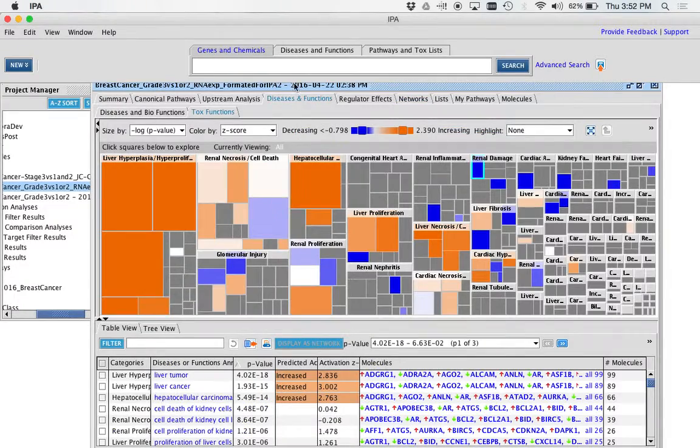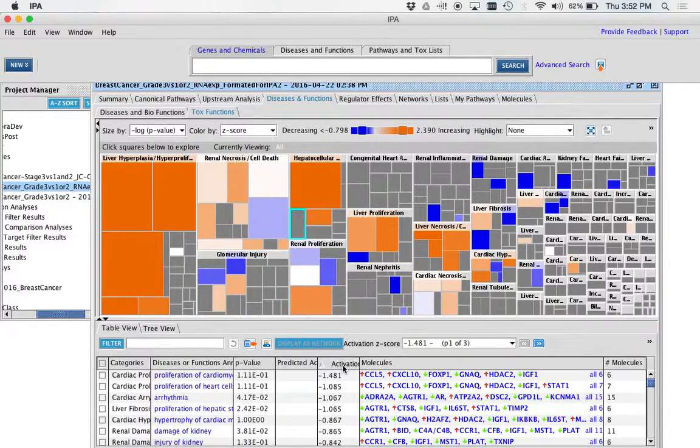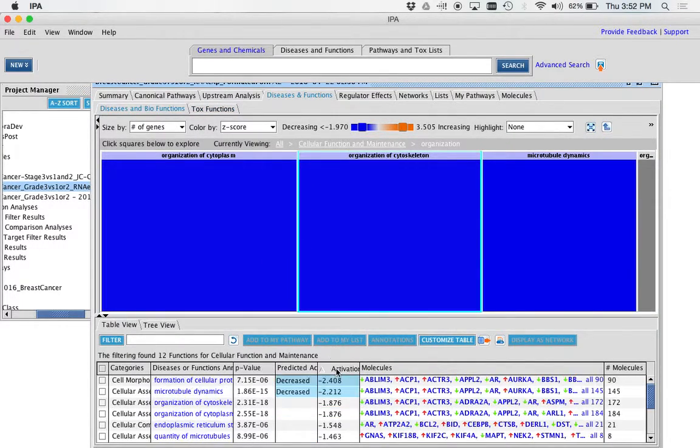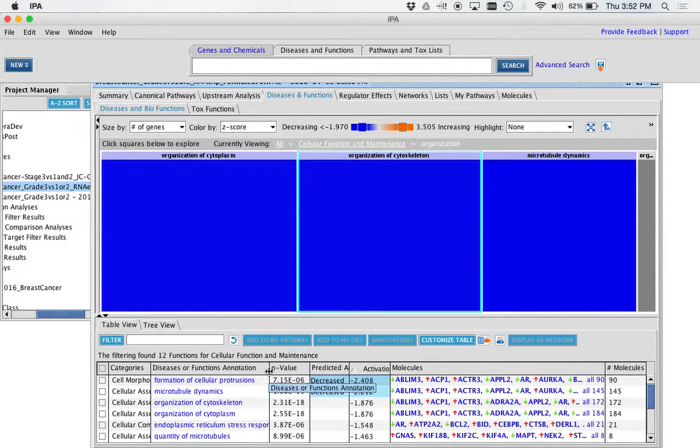Okay, so disease and functions, and again, we can look here and look at things that are more inhibited versus more active. Let me go back to disease biofunctions. Formation of cellular protrusions is my most inhibited biological function, which is interesting.